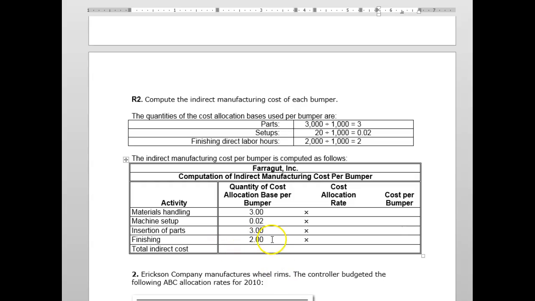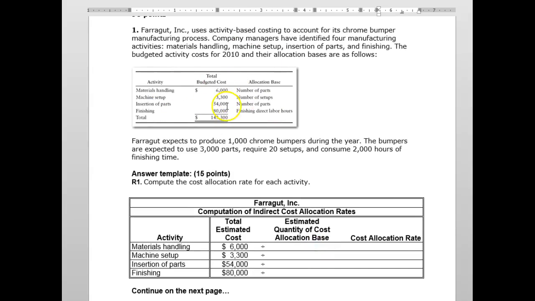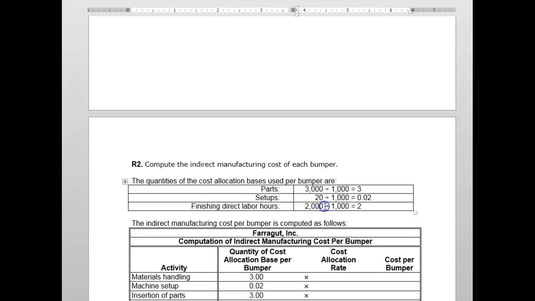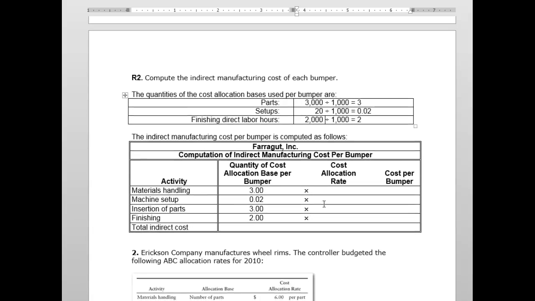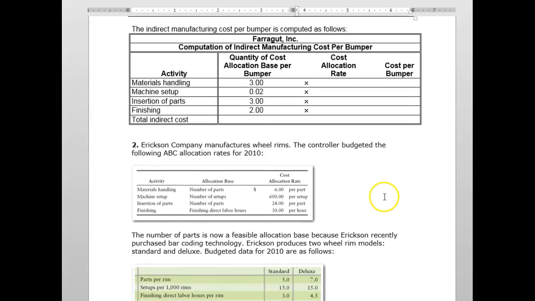And the finishing is $40 an hour, remember? That will become $80 here. Then you add it up, and that will give you total indirect costs. So you start broad, using these allocations to figure out the allocation rate. Then you break it down and get per part quantities. And then you multiply that out to get cost per bumper.